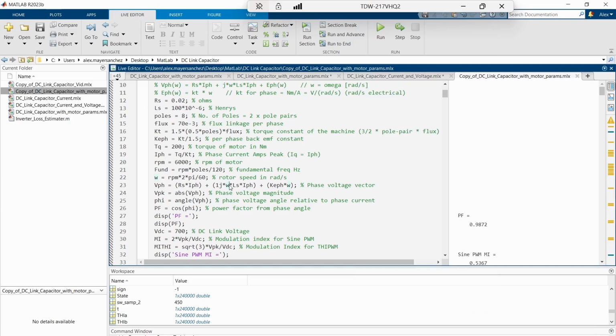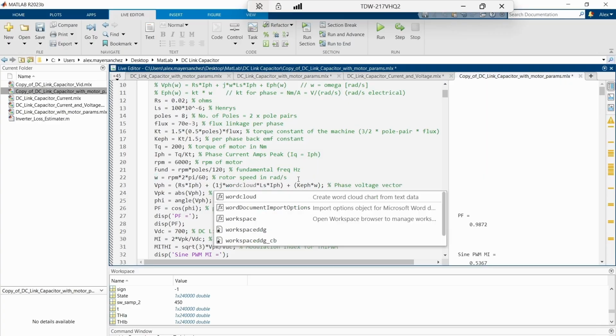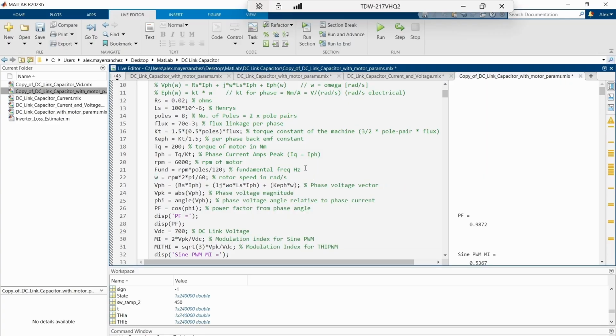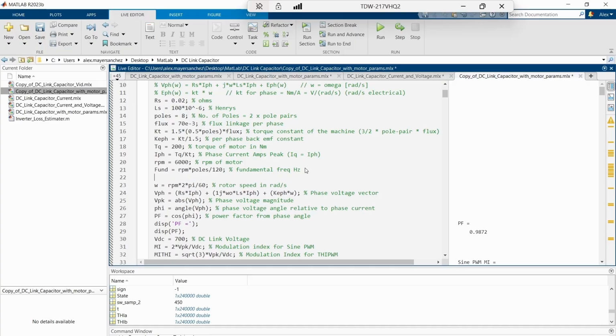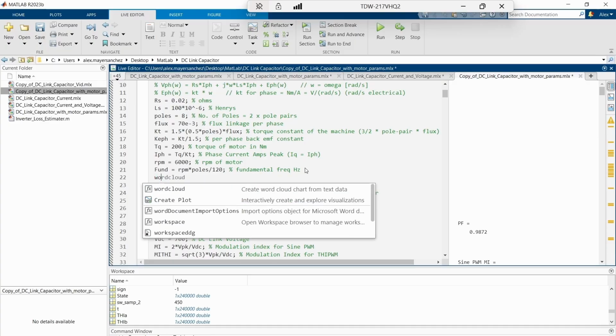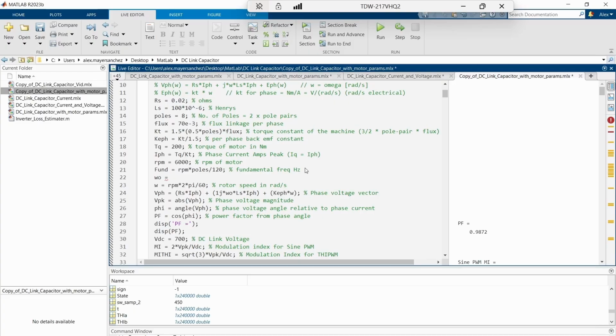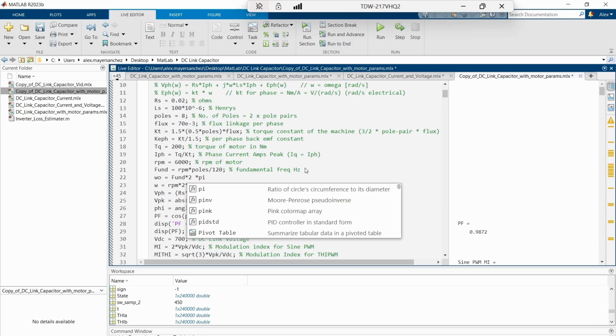this should be omega. This should be omega fundamental, omega electrical actually. I'm going to write a new variable here. Omega naught is equal to fundamental frequency times 2 times pi.